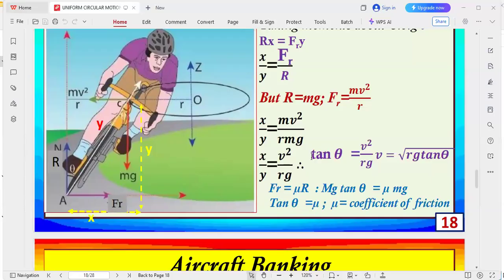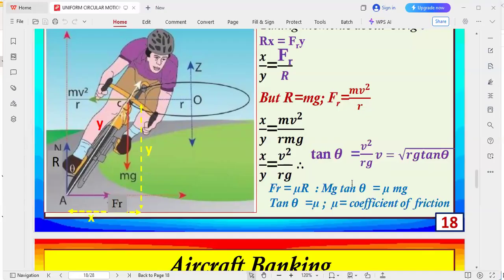But again, the critical speed for this person to be able to maneuver that bend is given by the root of rg tan theta. It depends on the radius of the bend, the angle of inclination of the bicycle, and the condition of the tires of the bike and the road.